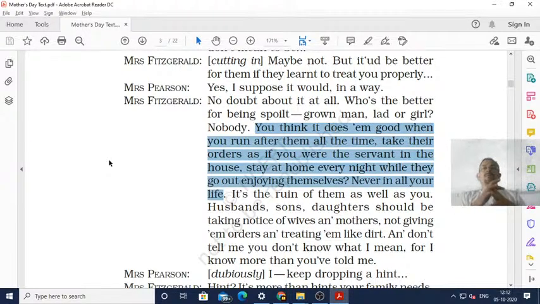Therefore, Mrs. Fitzgerald says, you think it does them good? No, it does not do them any good. Whenever you run after them, you obey their orders and do everything they are supposed to do individually. You are doing everything as a mother that your children are supposed to do for themselves. So it is doing them no good.